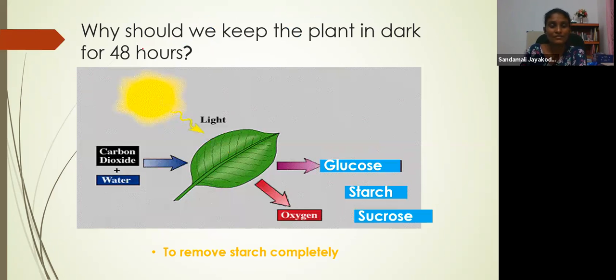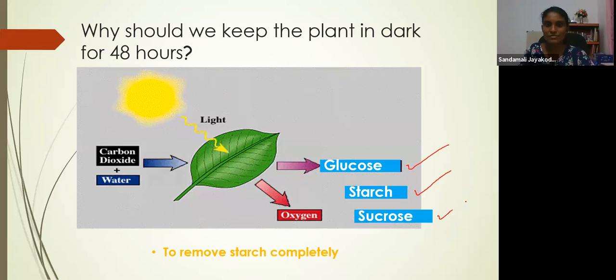Here we have to answer a question. Why should we keep the plant in dark for 48 hours? There's a reason for that. When we were discussing the process of photosynthesis, I told you that glucose is produced at first and then it is converted into starch and stored in the plant leaves for some time.